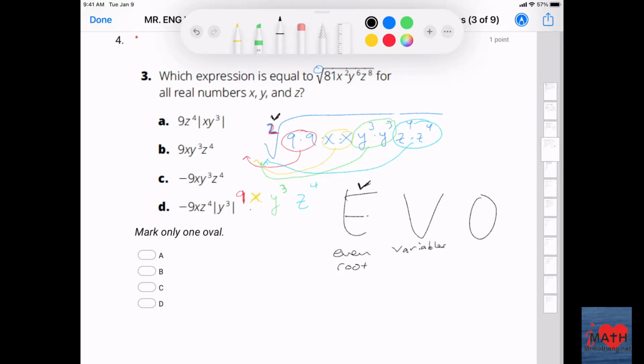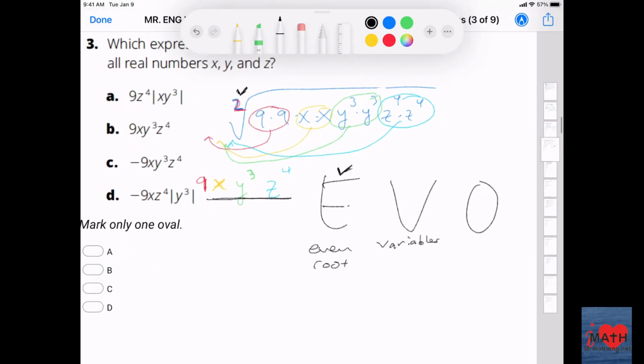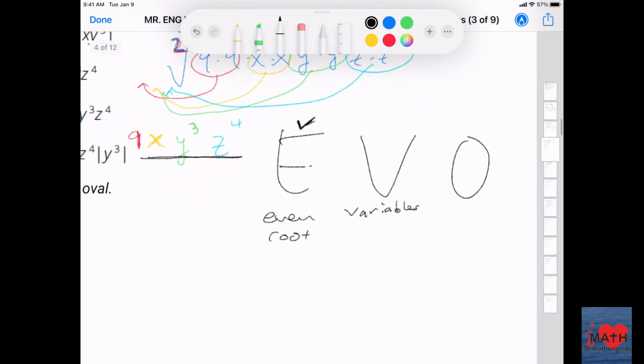I'm going to underline in black the 3 variables there. And the O stands for on the outside, which we just underlined. Are any of these odd? This is an even number, and this one is an odd, and this one's a 1, so that is also odd.